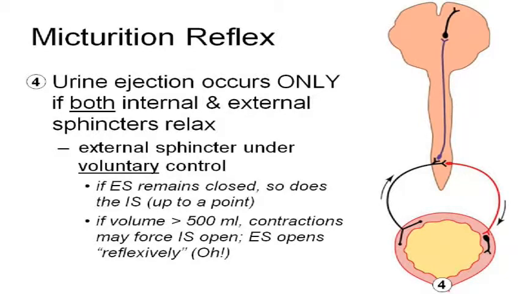If you keep the external urethral sphincter closed, so does the internal urethral sphincter. Now, this is a little bit different than the anal sphincter. Remember that with the anal sphincter, the internal sphincter relaxes, and then all you've got is the external. Now, of course, up to a point, if you get more than about half a liter of fluid in your bladder, you're going to pee on yourself anyways.